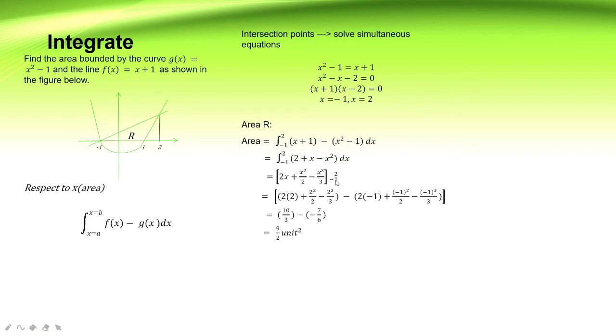Then we integrate, and after we integrate there is no more integral sign. So we substitute the numbers 2 and -1 into this expression. Then we solve it and get the area of R, which is 9/2 unit squared.